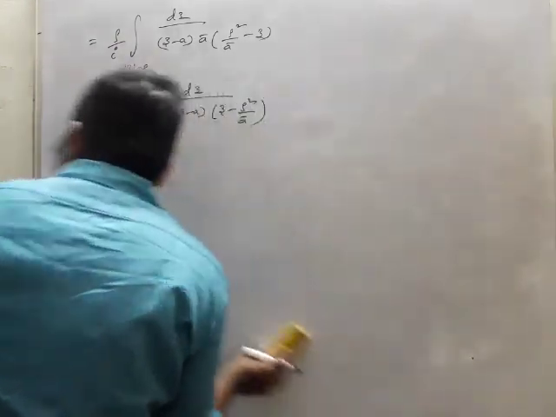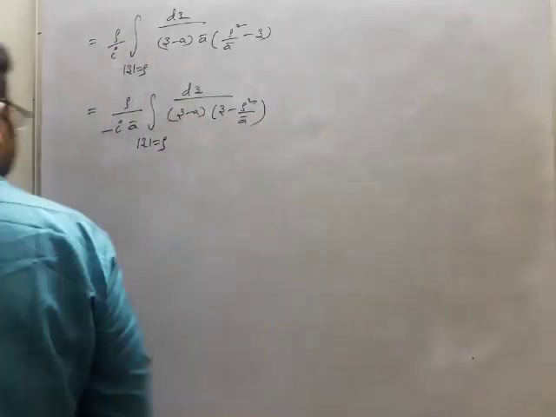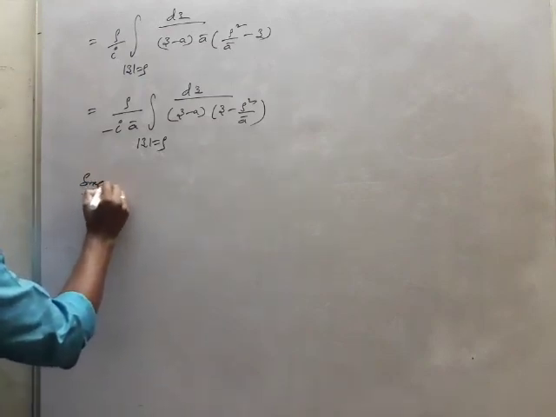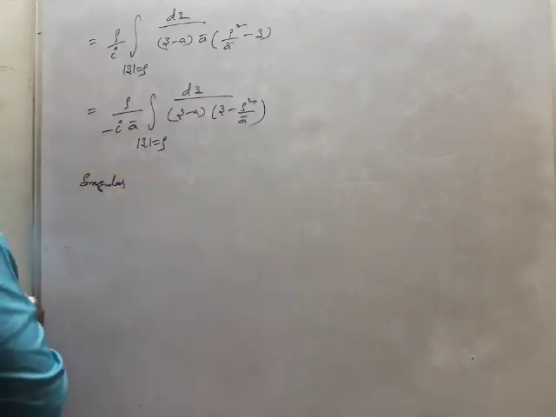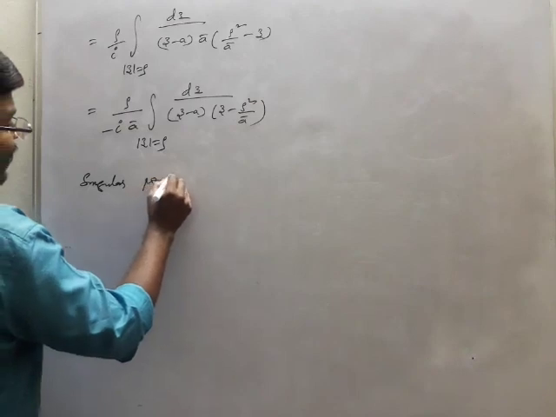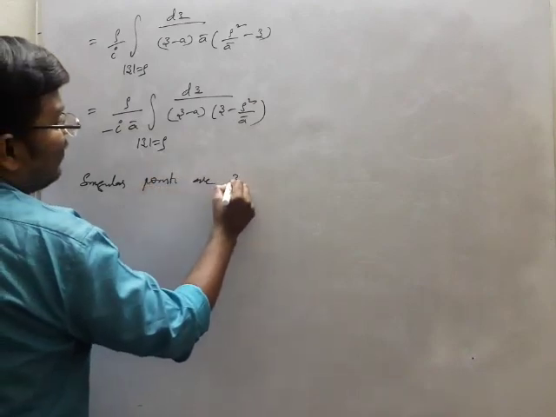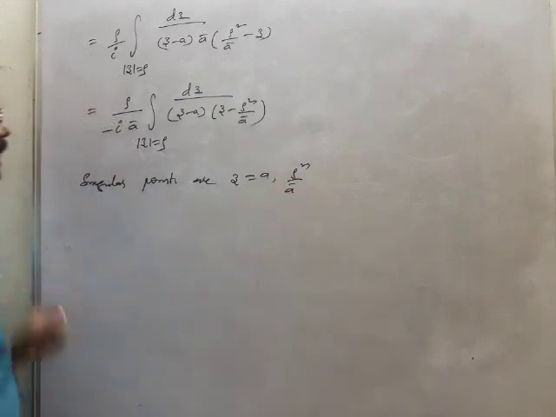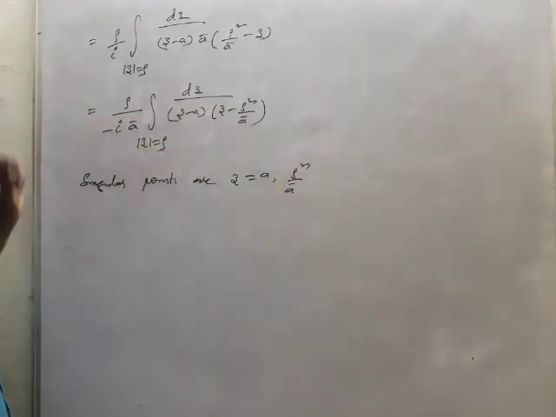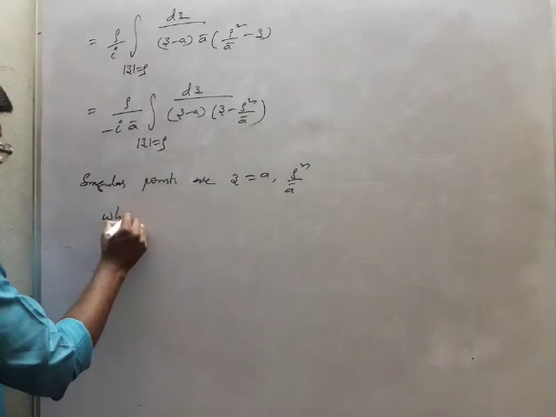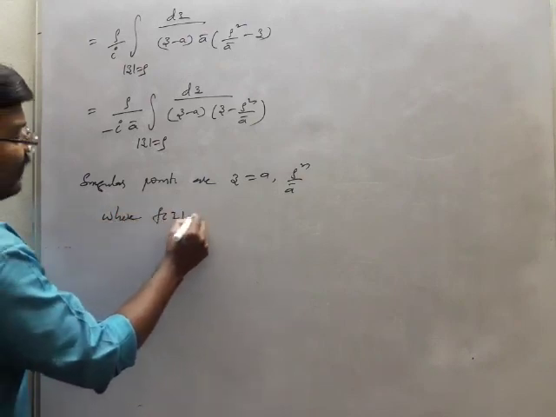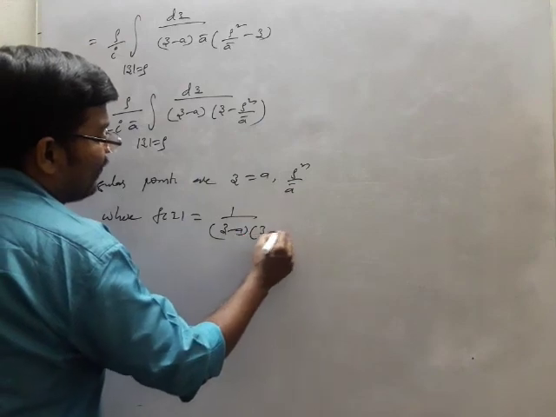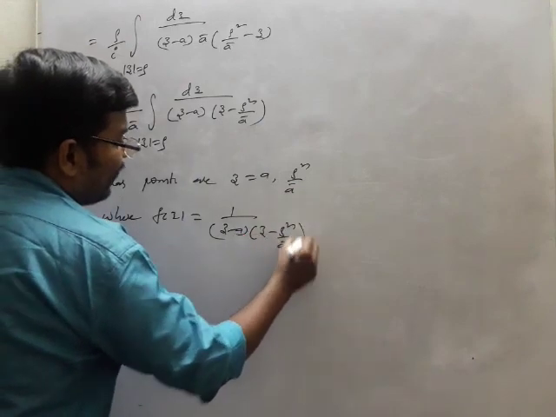Now this is how we got the value, right? Now what are the singular values here? After getting this, what are the singular values? The singular points are z is equal to a and rho square by a bar. So this I may take it as f of z, where f of z is nothing but equal to 1 by z minus a and z minus rho square by a bar.